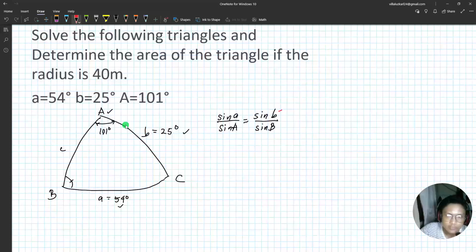B is given, angle A is given, and the unknown is angle B. So let's cross multiply.